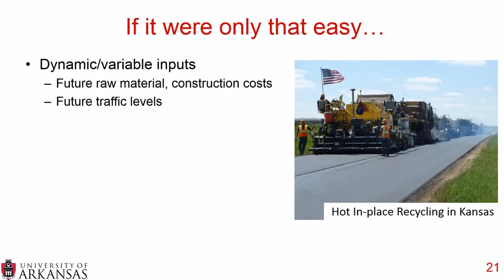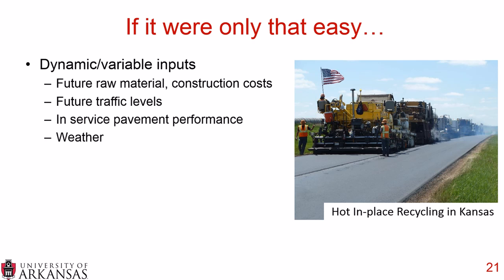Now, before we look at actually any numbers, we do need to ask the question, what goes into these analyses? Because it actually isn't as straightforward as which is cheaper, A or B. It's not that easy. There are a lot of dynamic or variable inputs. For example, what are future raw material and future construction costs going to be? What are future traffic levels going to be?